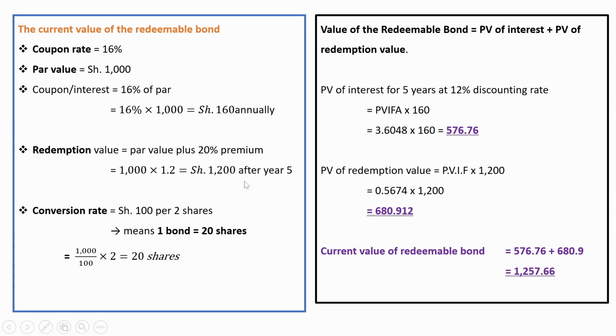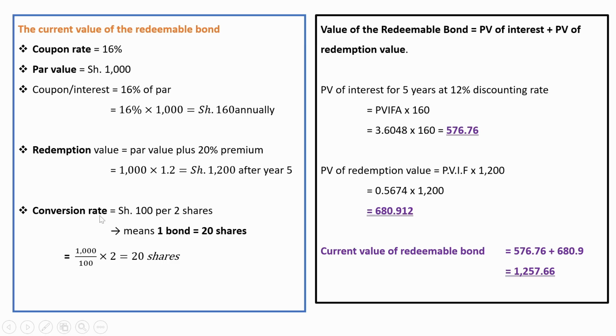So after 5 years, the investors will be paid 1,200 instead of the face value of 1,000. Therefore, the present value of the redemption value, the principal in this case, is not going to be 1,000, it's going to be 1,200. What will actually be paid to investors after 5 years?